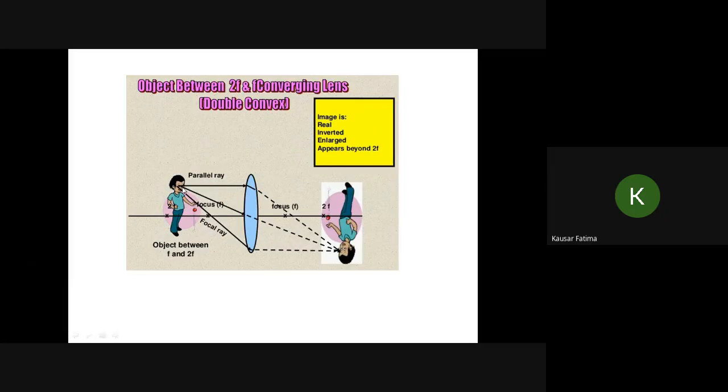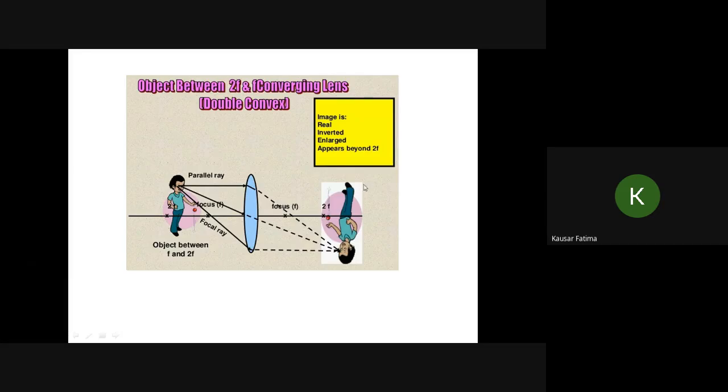Object between 2f and f, the child has come closer, and the image has shifted away from 2f, magnified. See, the image is bigger than the object. Object between f and 2f, the image is real, inverted, and magnified.